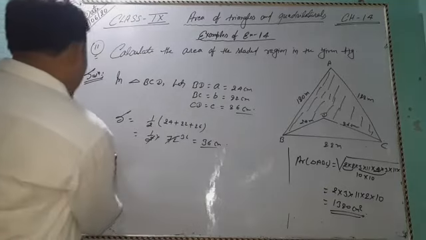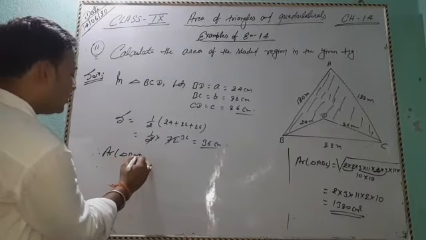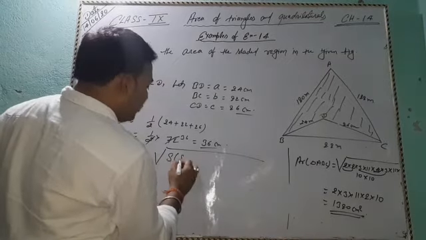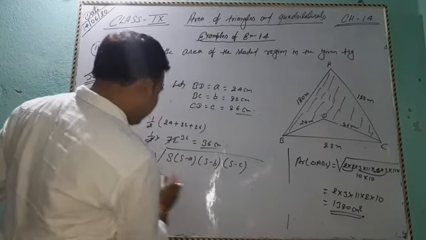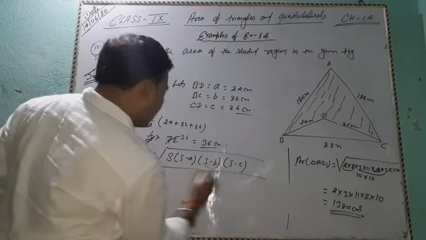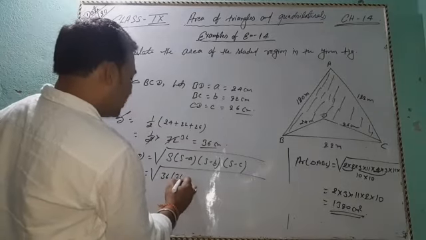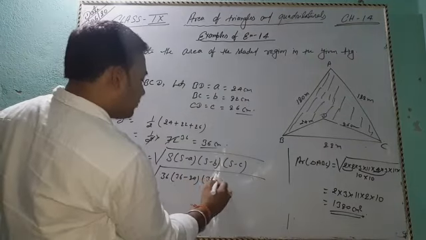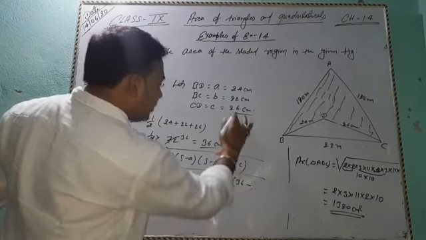Okay, and the area of triangle BCD equal to root under s into s minus a, s minus b and s minus c. So this is root under, s equal to 36, 36 into 36 minus a 24, 36 minus b 22 and 36 minus c 26.